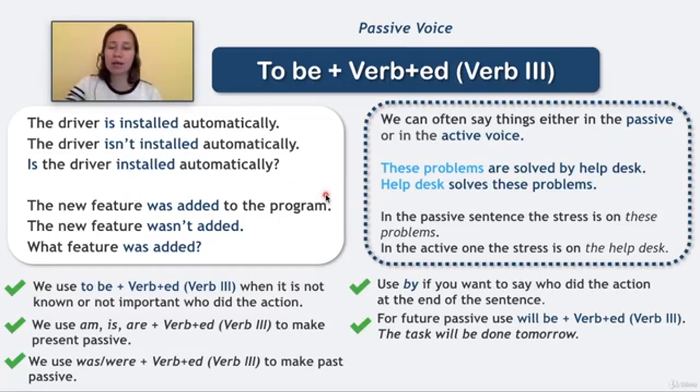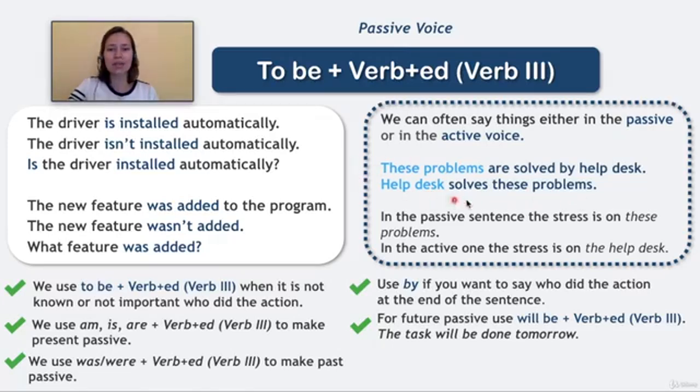Okay, but sometimes, actually often, we can say things, sentences, either in passive or in active voice. Because sometimes it is not so important what voice you use, right? Let's look at these two examples here. These problems are solved by help desk, or help desk solves these problems.